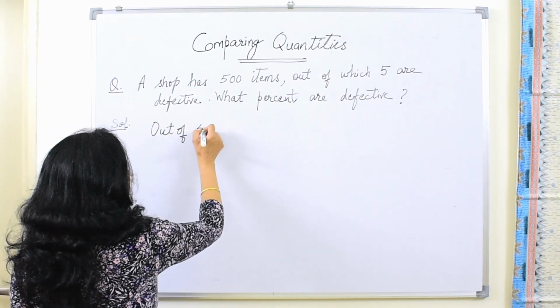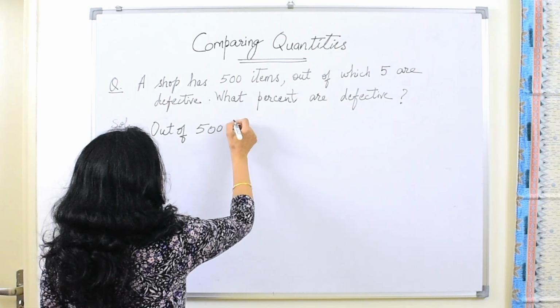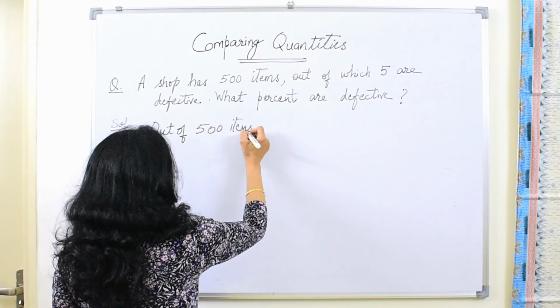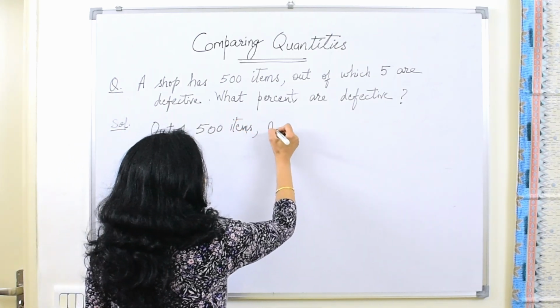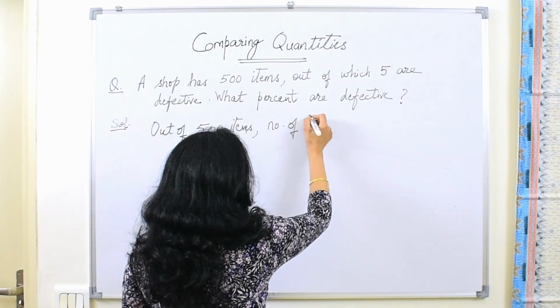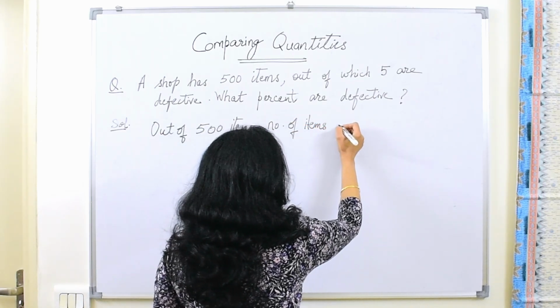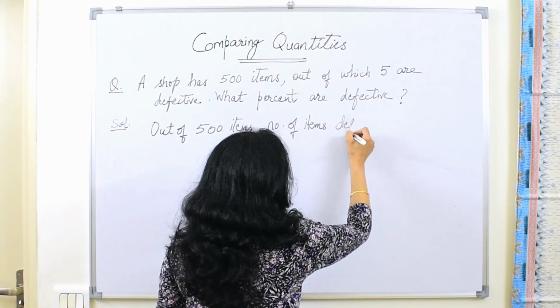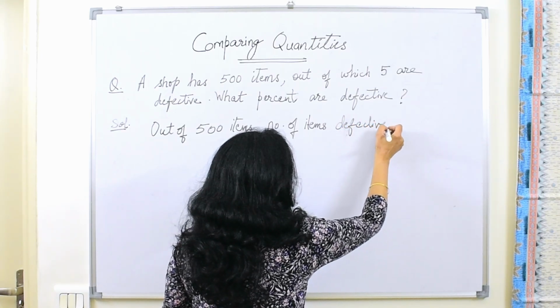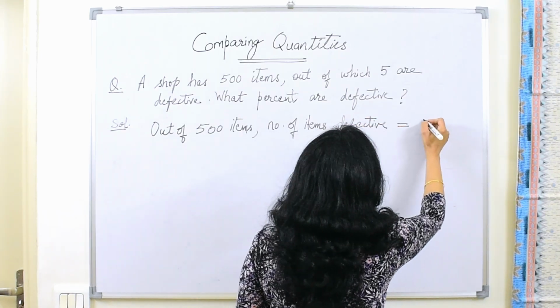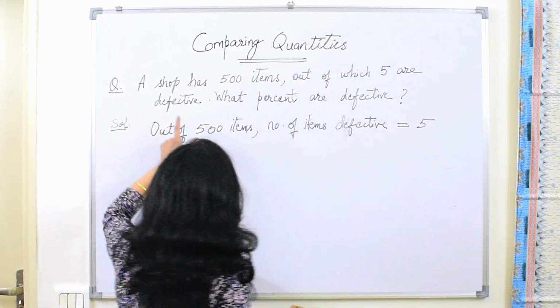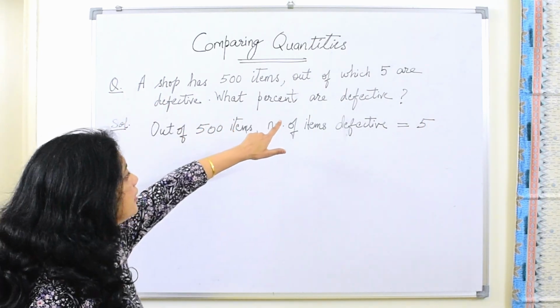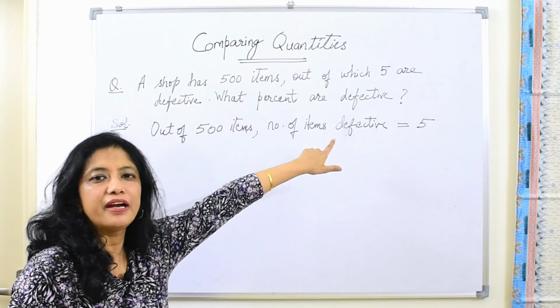Out of 500 items, the number of defective items is 5. This we are given, we have to find the percentage of defective items.